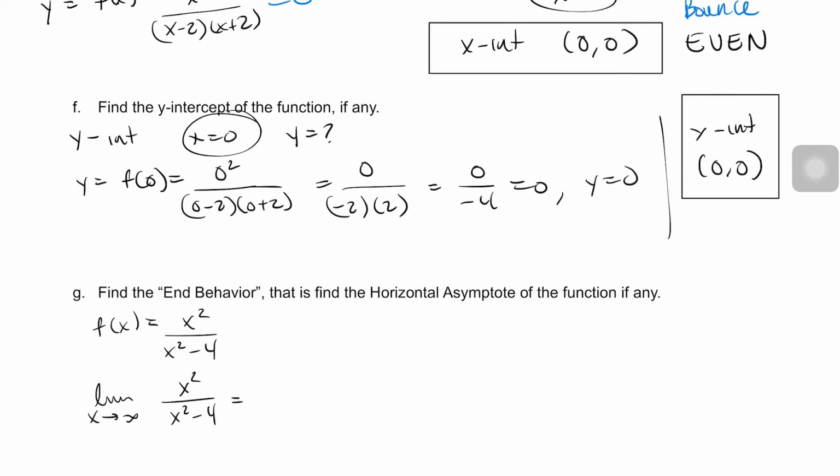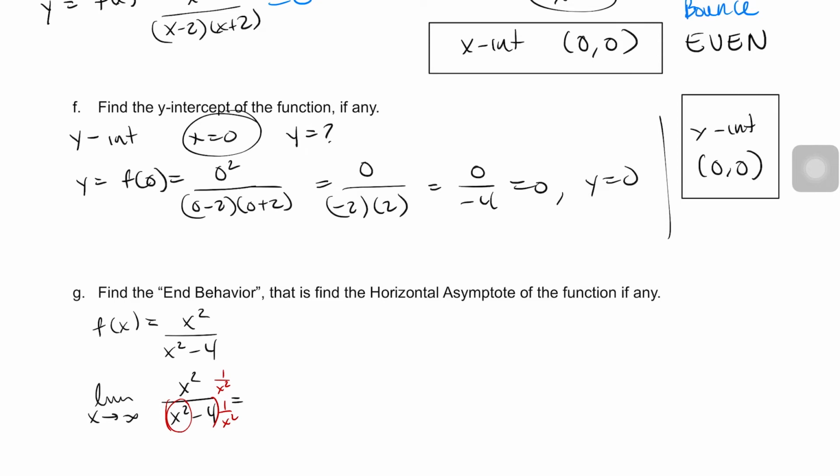If you remember from the beginning of the chapters this semester, we learned that we could divide the numerator and the denominator by the leading term of the denominator, in other words, x squared. So we could divide the whole thing, both the numerator and the denominator, by x squared.